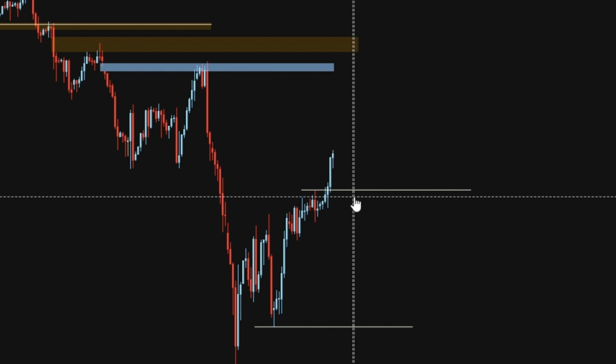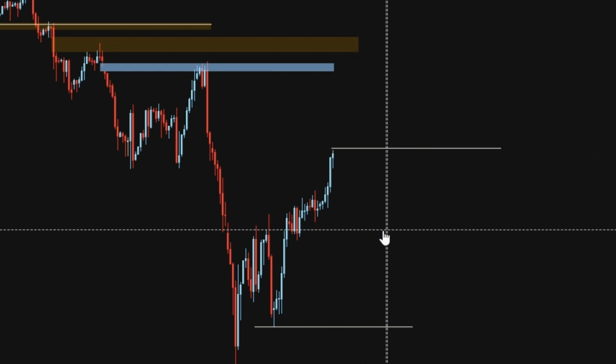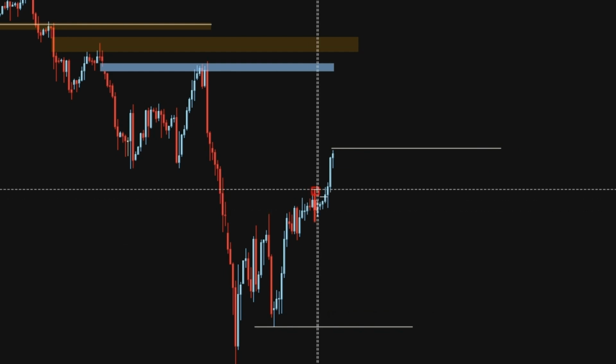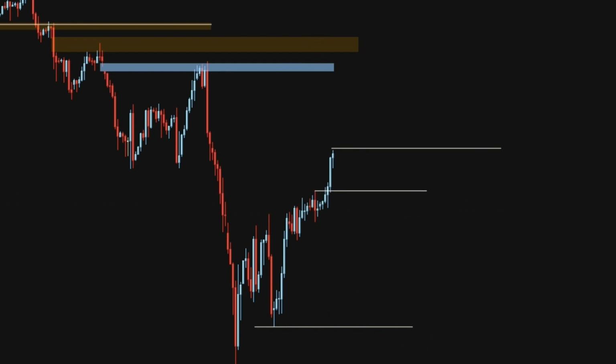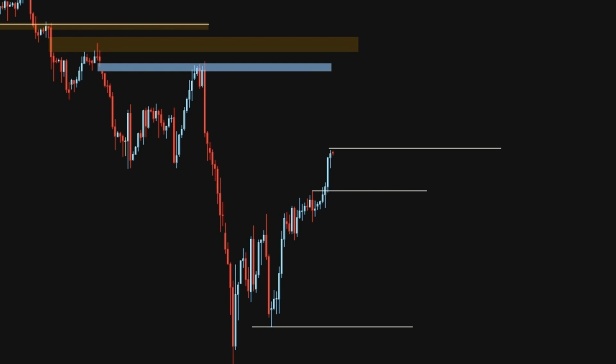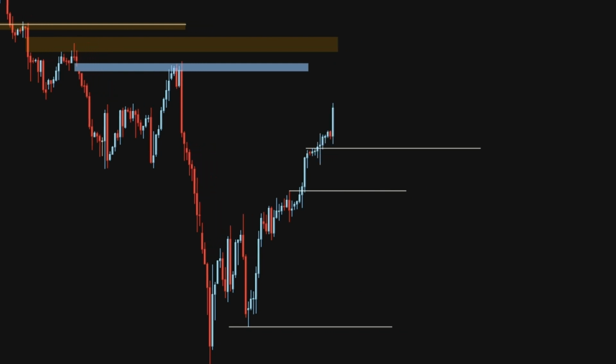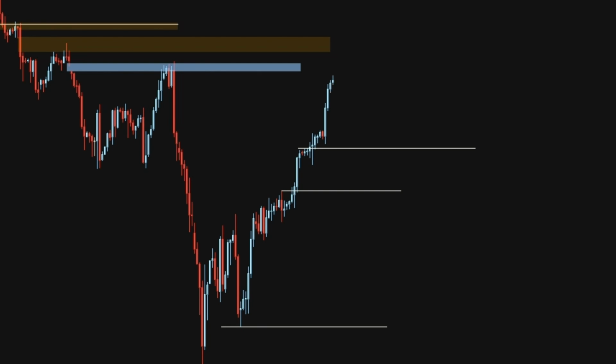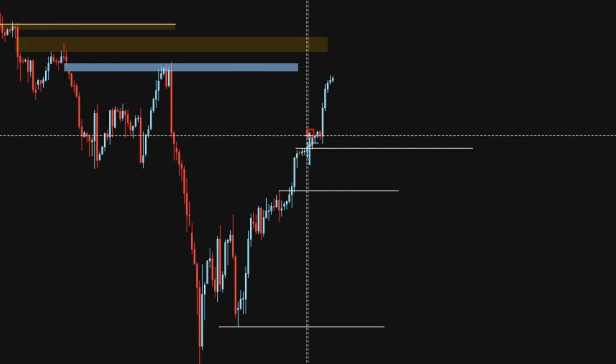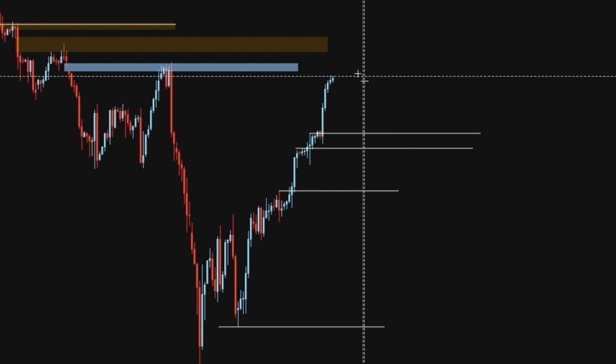So we're still taking the highs, still displacing above structure in the micro time frame or the smaller time frame. We're still making higher highs, higher lows. So we're displacing above structures, right?